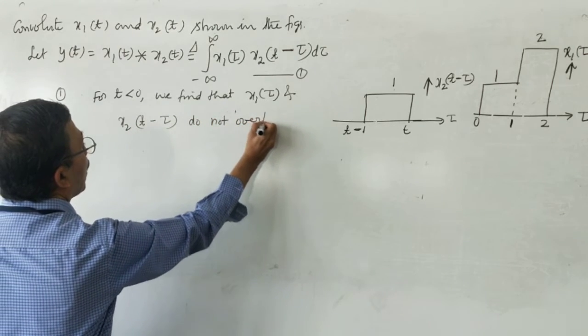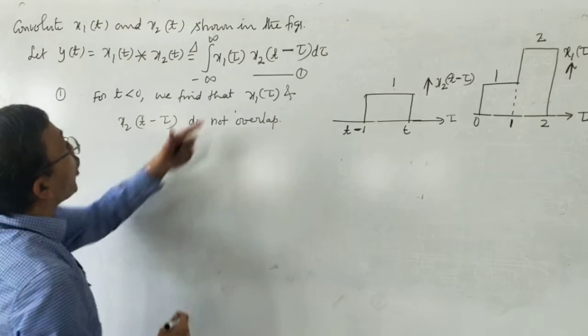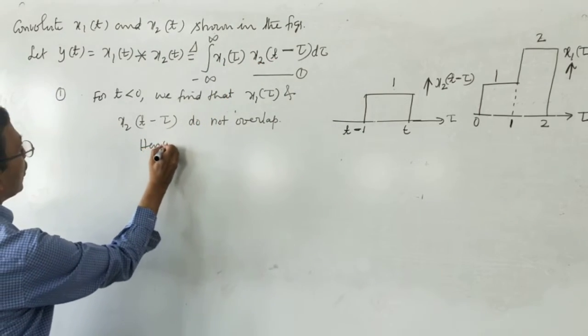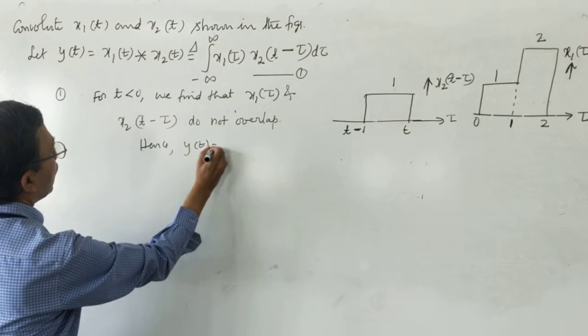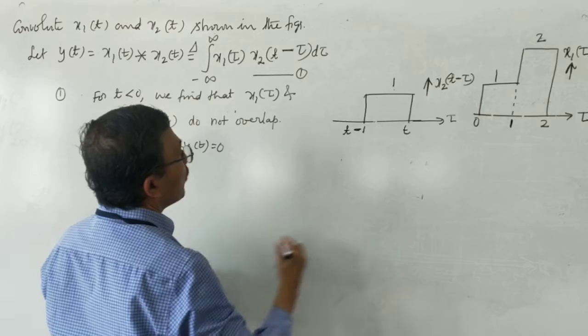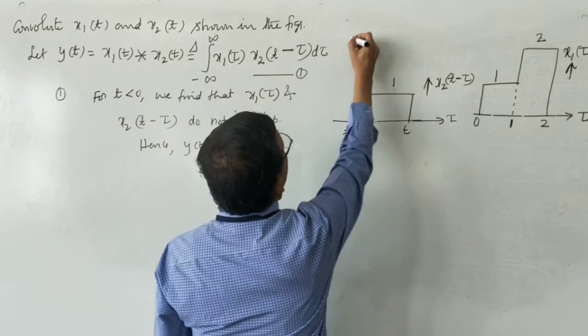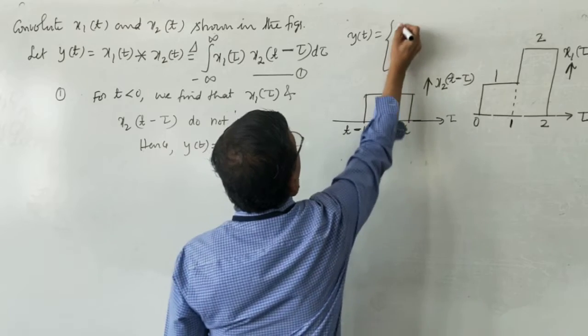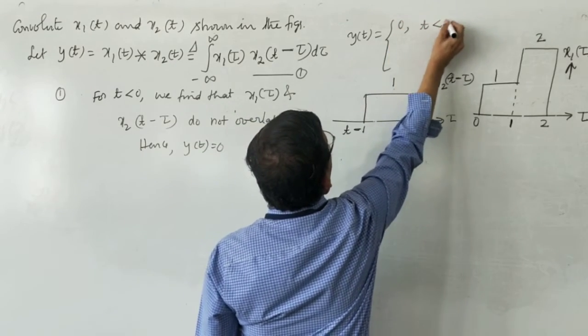When they do not overlap, this product will be 0, hence y of t will be 0. Just note down here, y of t equals 0 for t less than 0.